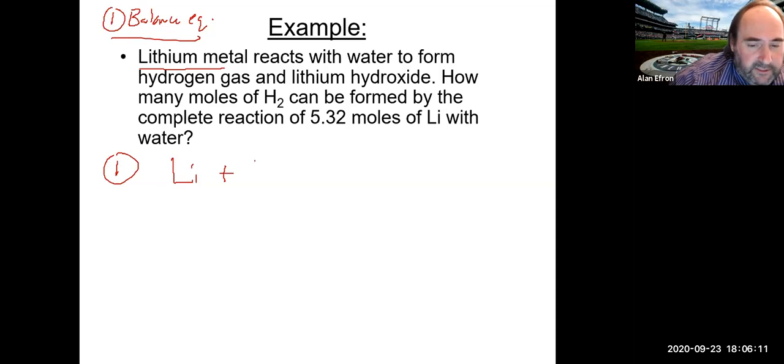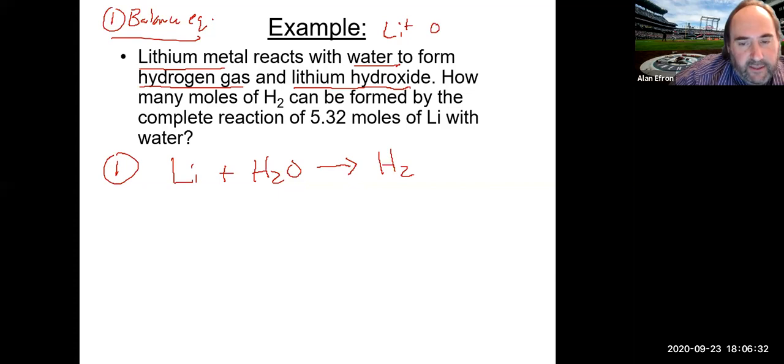It reacts with water, which is H2O, to form, meaning on the product side, hydrogen gas, which by itself is a diatomic molecule, H2, and lithium hydroxide. Lithium is +1, and hydroxide is a polyatomic ion, which is -1. That gives us LiOH.